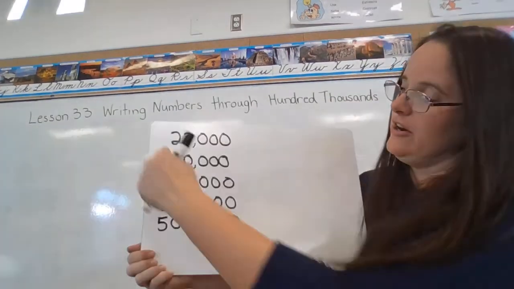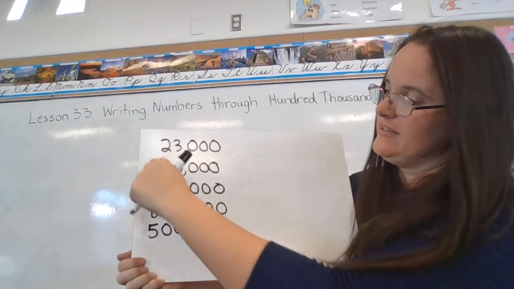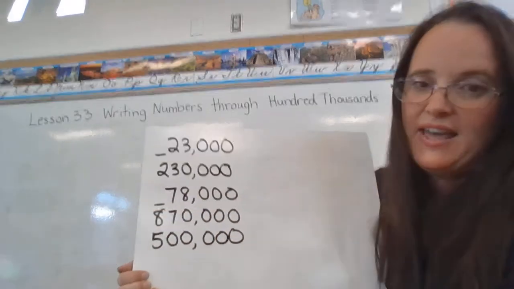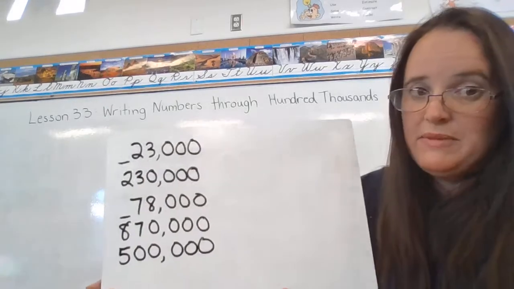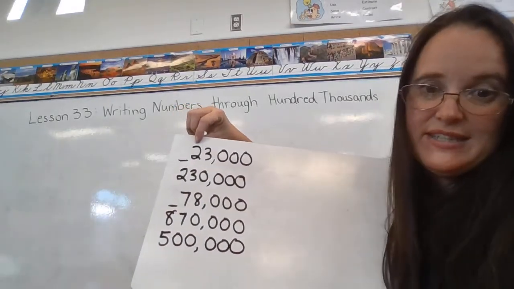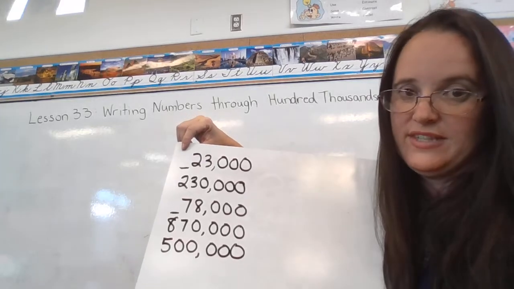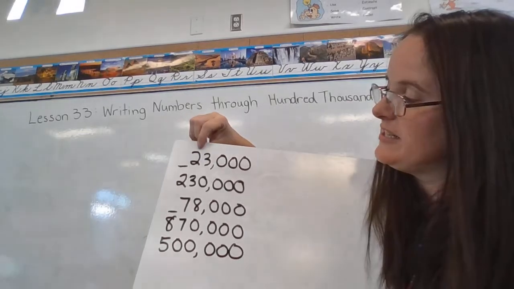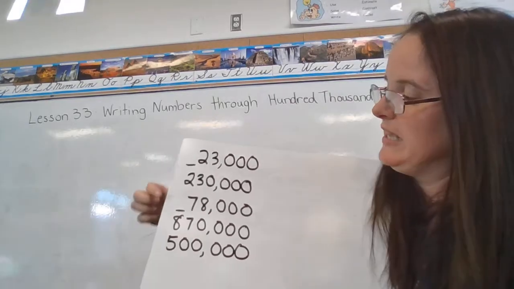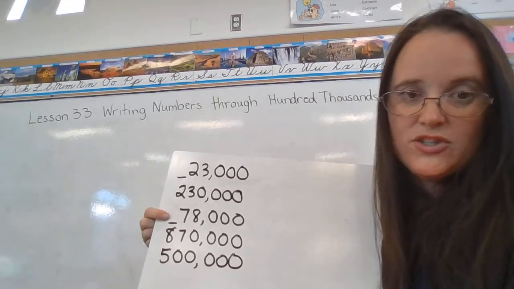So looking here, this one doesn't have 100,000, and neither does that. So those are both going to be my smaller numbers because 10,000s is less than 100,000s. So I'll look here at this first 10,000 place value. This one's a 2, and this one's a 7. So what's smaller?